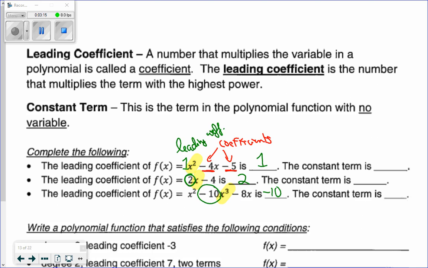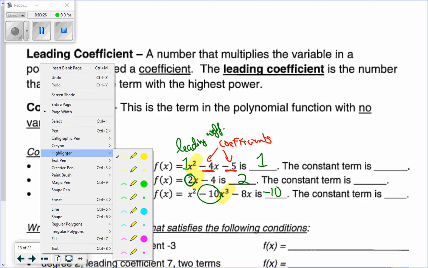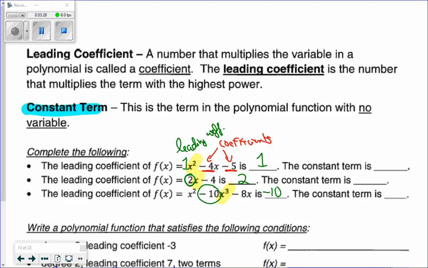Okay, second pattern, constant term. So constant term is the number in the equations. It's the one that's got no letters with it at all. So the constant term, let's use blue. So the constant term is -5, -4, so it's the term that has no letter with it. Now, this one has a letter.